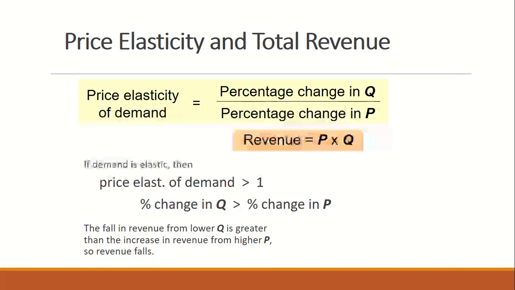People cut back more on your product, and your increased price will not make up for the decreased quantity. So the overall revenue falls in this situation.